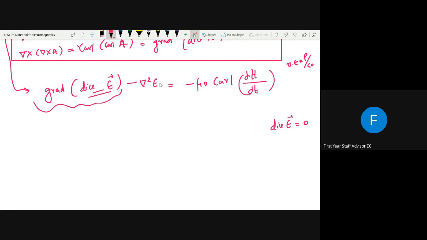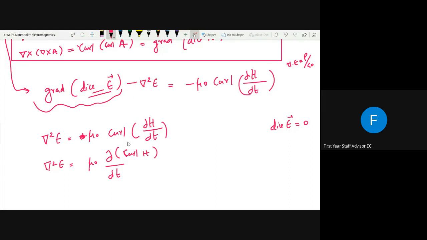Our equation will be reduced to minus del square E equal to minus mu 0 curl of dou H by dou T. Or we can write this equation as del square E is equal to mu 0 into dou by dou T of curl of H.